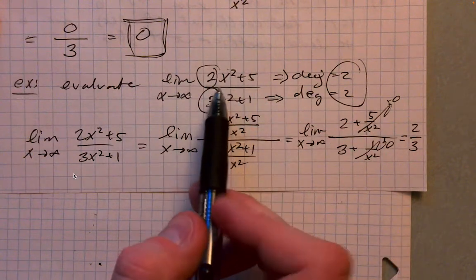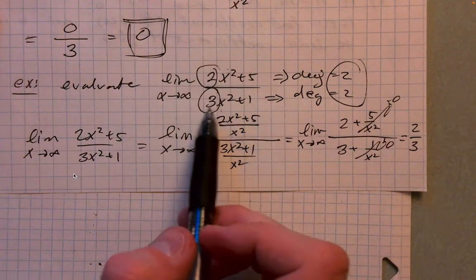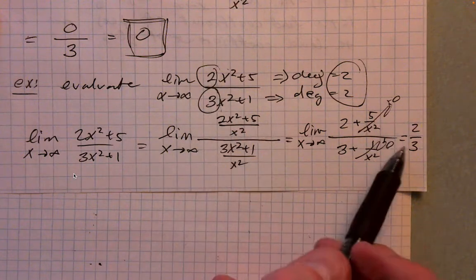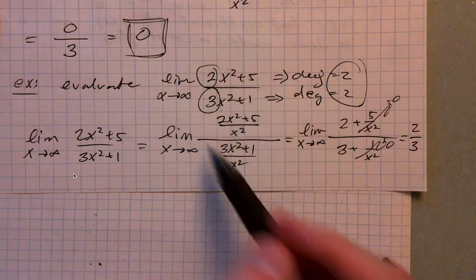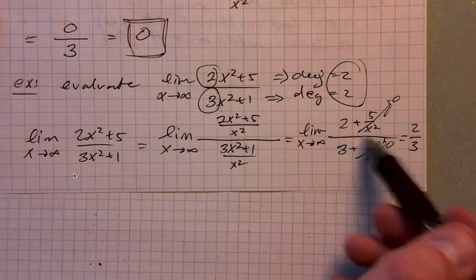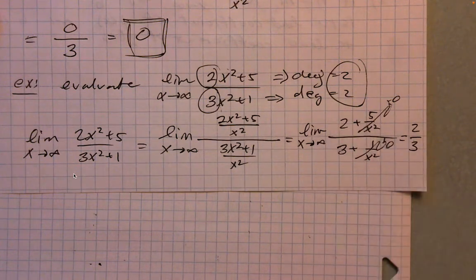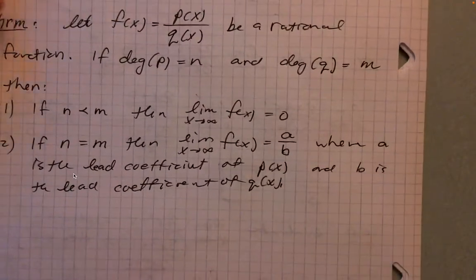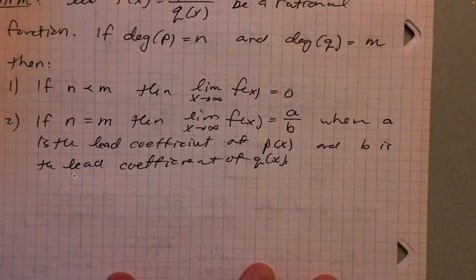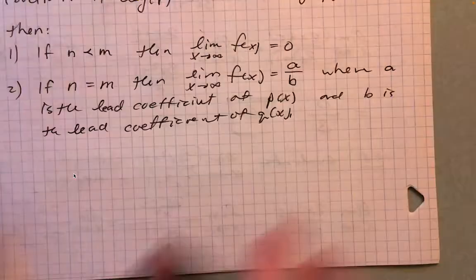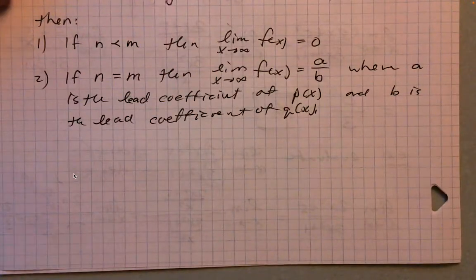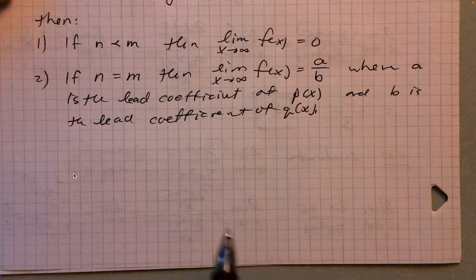The leading coefficients would be 2 on the top and 3 on the bottom, so 2/3 is what the limit turns out to be. And this is just a clear example of this algebraic trick coming into play here. So in the case of the numerator and denominator having the same degree, you get the limit at infinity being the ratio of the leading coefficients.